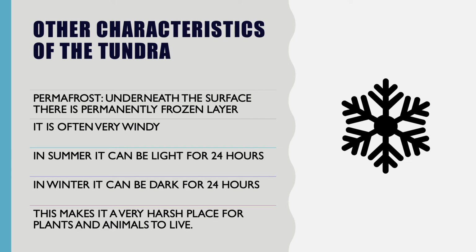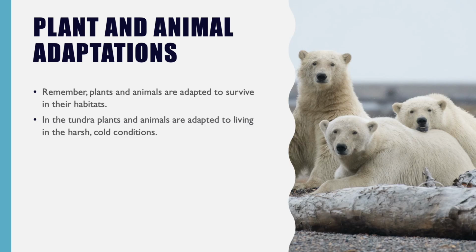So that's what we're going to look at now: some of the ways in which plants and animals have adapted in order to live in the tundra. If you remember, an adaptation is a characteristic of a plant or an animal which helps it to survive in its habitat. In the tundra, the adaptations help plants and animals live in the cold, dry, harsh conditions.